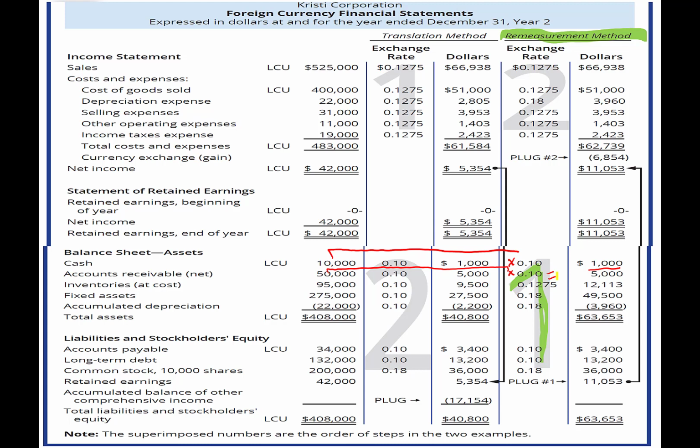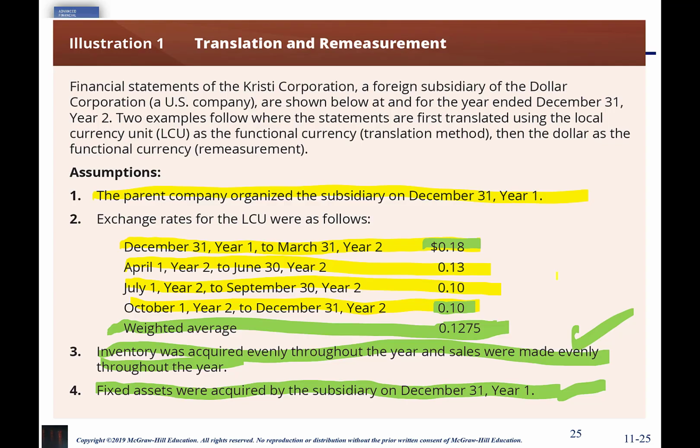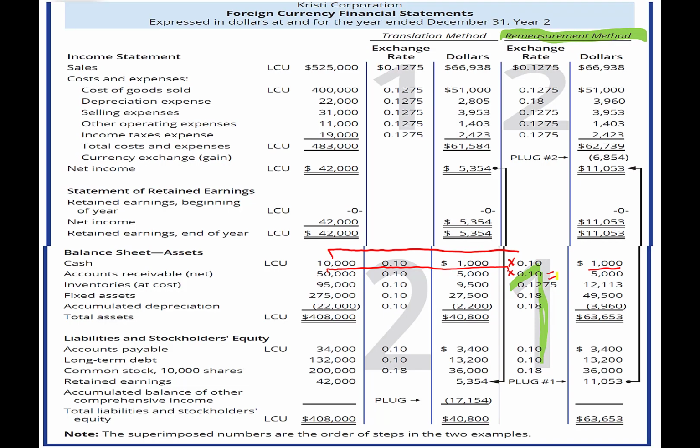Now you look at inventory and you say, wait a minute, John, inventory, you said non-monetary, we should be using the historical rate. The historical rate was 0.18. What are we doing? Well, they tell us that the inventory was acquired evenly throughout the year. If that's the case, then the exception for this particular non-monetary item is that you should use the weighted average.